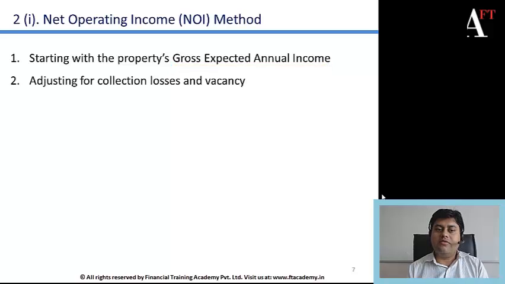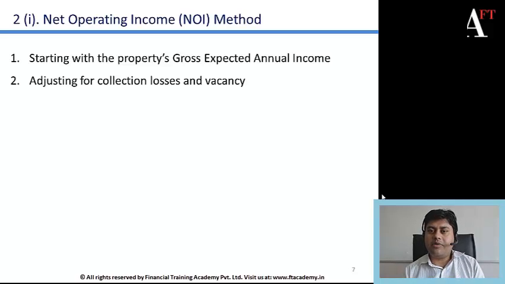From that we adjust for any collection losses or vacancy rates that are affecting this property. So if there's a commercial property, a big retail mall where there are showrooms, and we see that 5% of the space is unoccupied, so that is the vacancy rate.